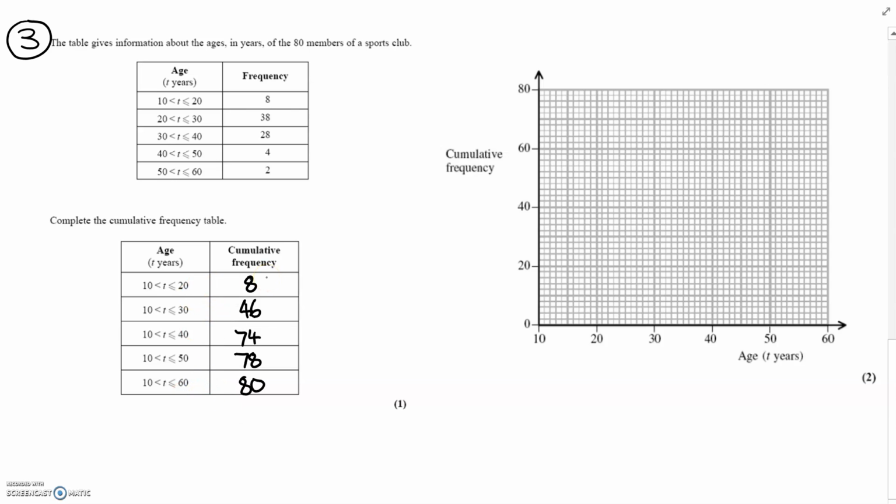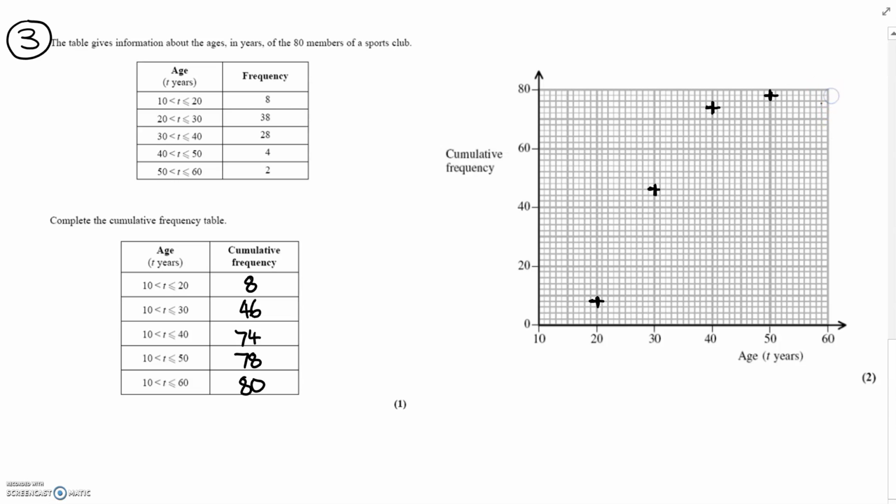So 20 against 8, 30 against 46, 30, 46, 40, 74, so 40 and then go up 74, 50 against 78, so 50, 78, and finally 60 against 80, so 60 along and 80 up, which is right in the top corner.